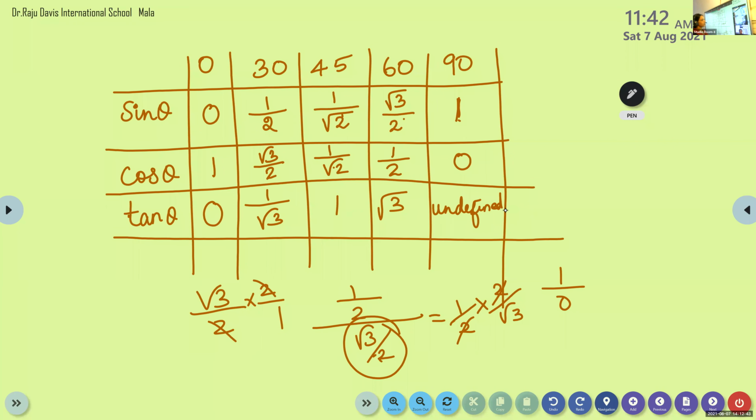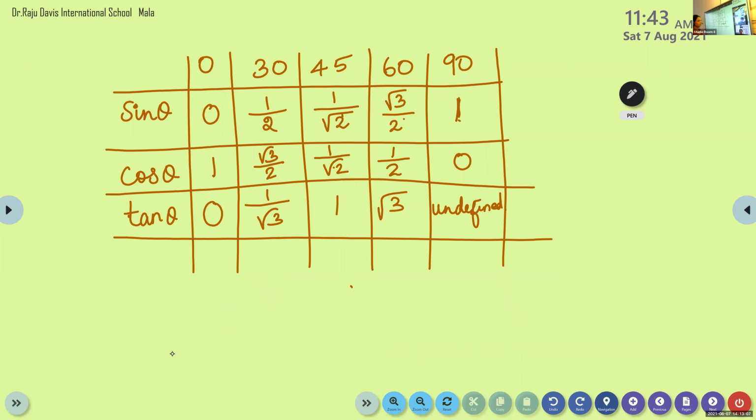Trigonometric ratios of some specific angles. Okay. Savio, copy it. No, ma'am.